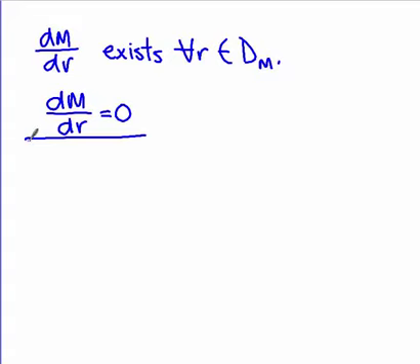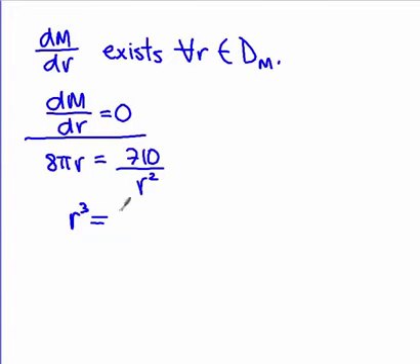The derivative is 0 when 8 pi r equals 710 over r squared. Simplifying this, I'm left with r cubed on the left-hand side, and I'm going to get 710 over 8 pi on the right side.